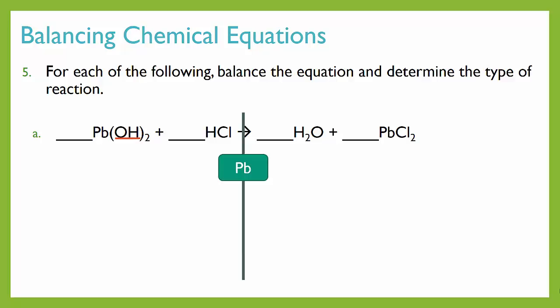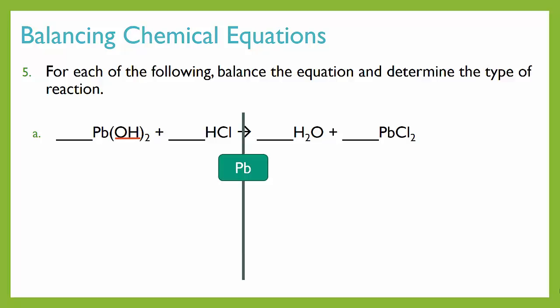We have hydroxide. If you have that polyatomic ion present on both sides of the arrow, you can just count the polyatomic ion as opposed to breaking it up into its individual elements. So instead of breaking it into oxygen and hydrogen, we can just count the number of hydroxides. It makes it a little easier to balance.